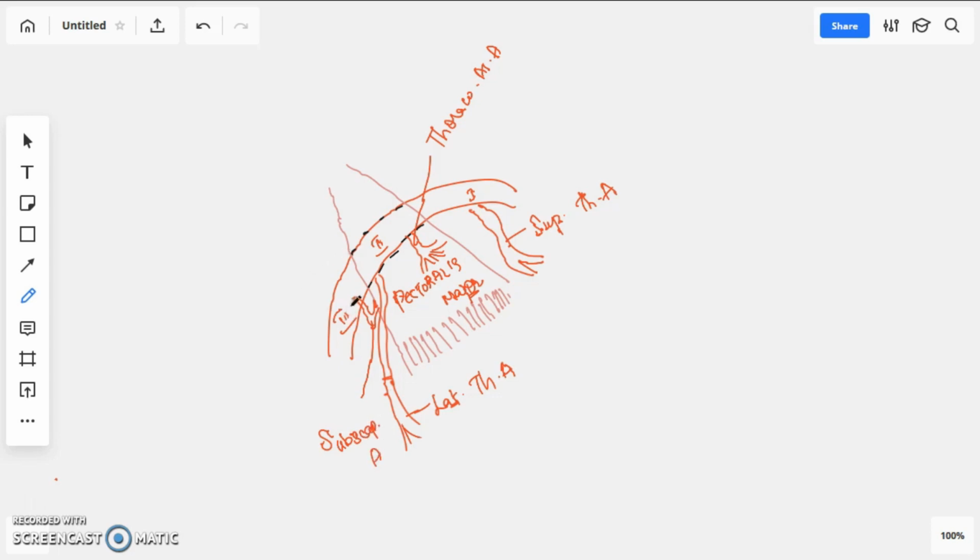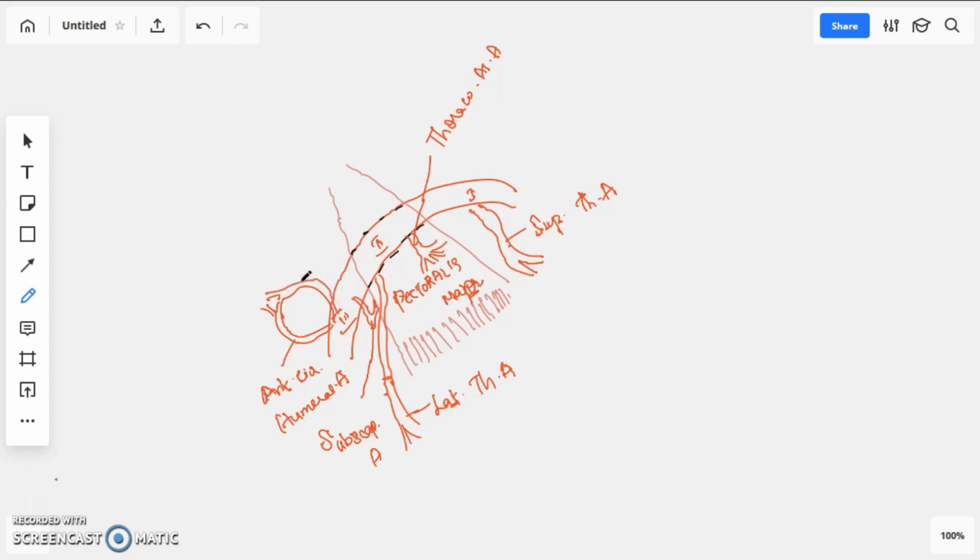Then we have two more arteries going to the lateral aspect, at the surgical neck. In the anterior aspect we call it the anterior circumflex humeral artery. And in the posterior aspect there is another artery which anastomoses with the anterior circumflex artery.